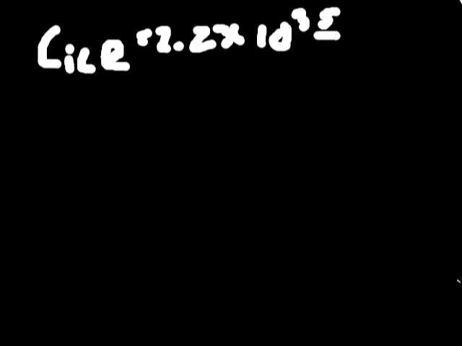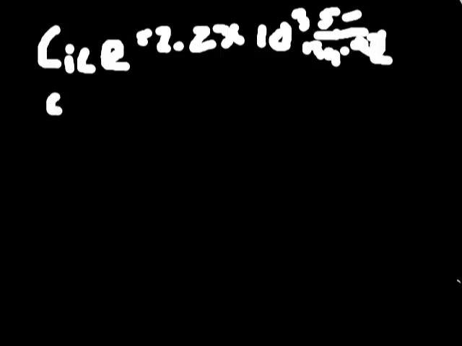is equal to 2.2 times 10 to the third joules over kilogram times degrees Celsius. So this is a joule right here. This is degrees Celsius and this is kilogram.